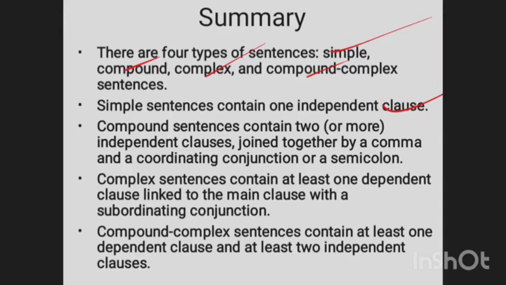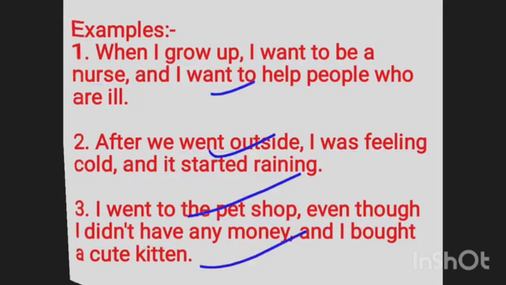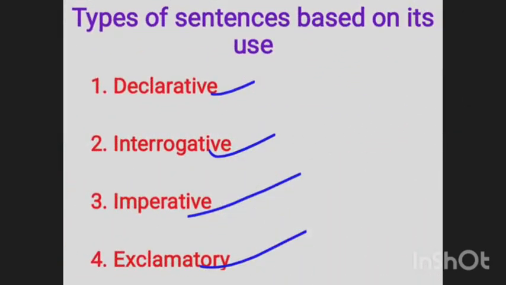A sentence is a group of words that contain a subject and a verb. We have declarative, interrogative, imperative, and exclamatory sentences.